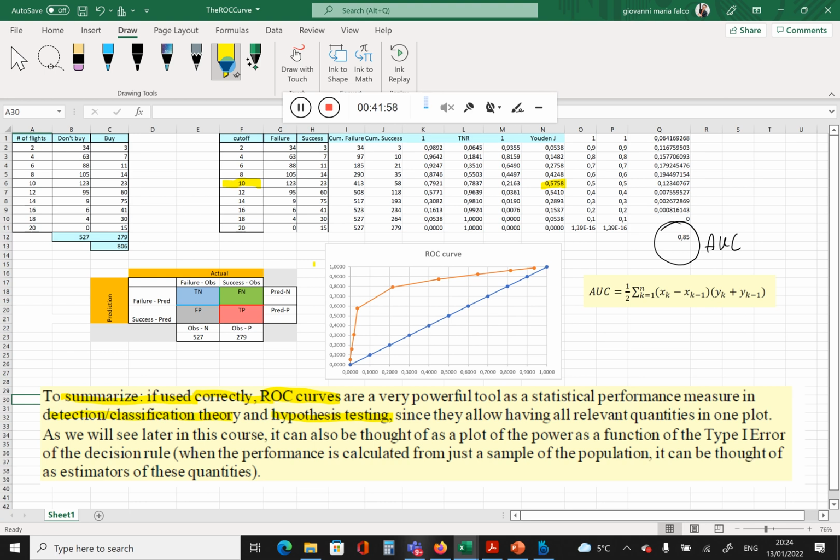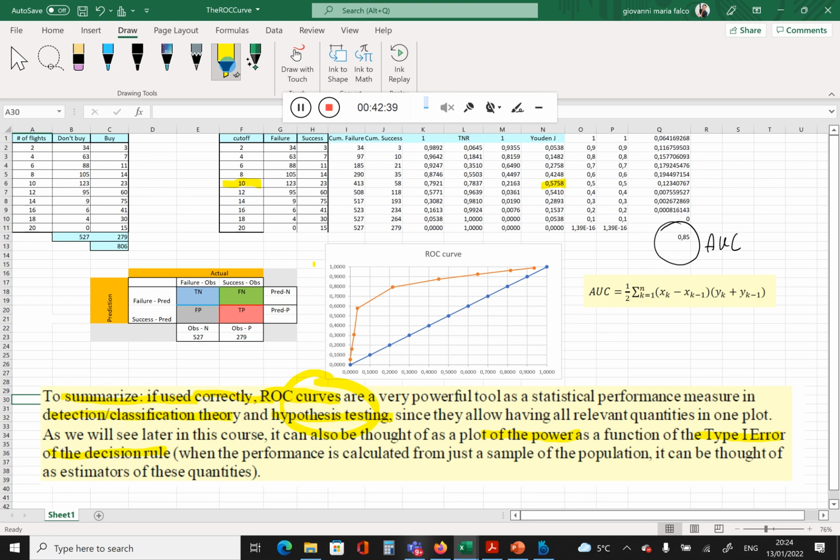And then you will see that just by naming things differently, it is basically the same stuff, the same plot. It will become a plot of the power of a test, which I have not defined yet, as a function of the type 1 error. So we will call later on, in the context of hypothesis testing theory, the sensitivity the power of a test, and the false positive rate will be called type 1 error in the case of a decision problem.